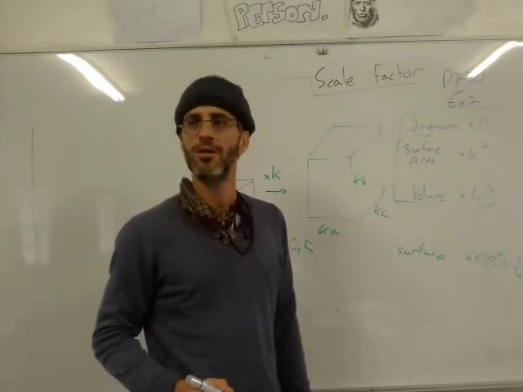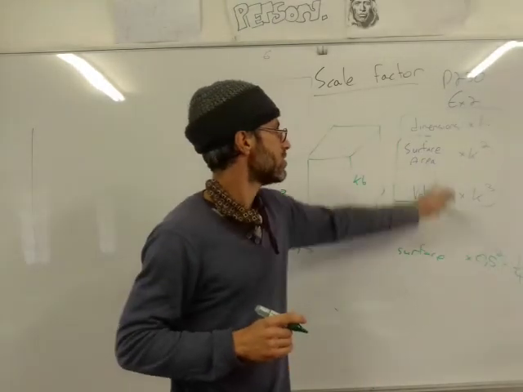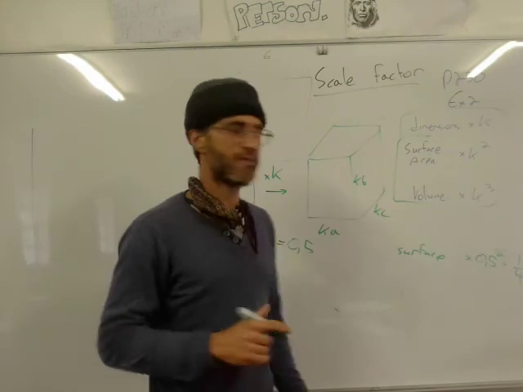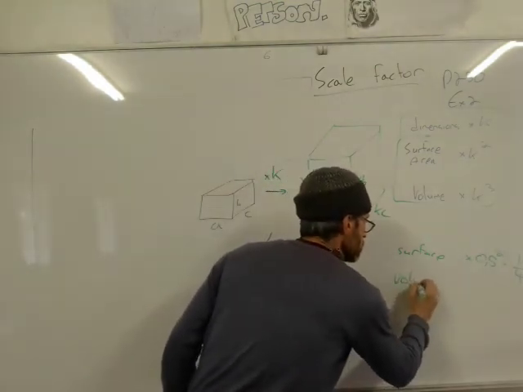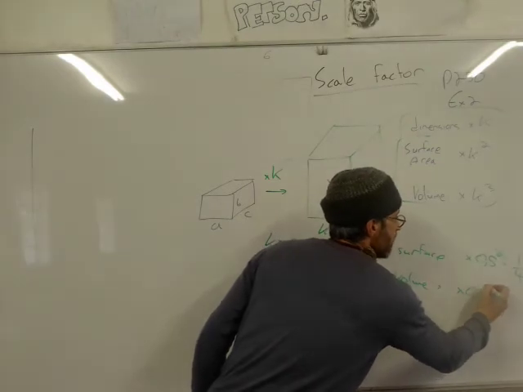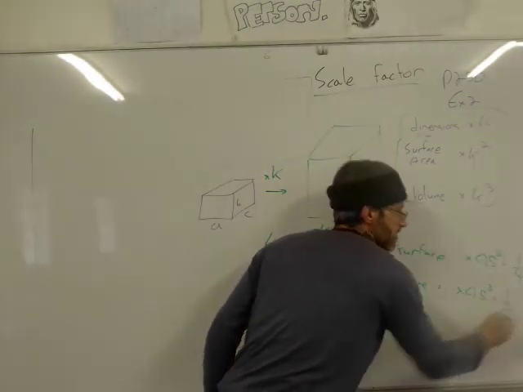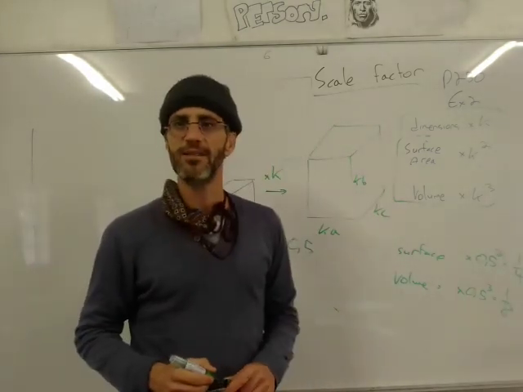Then divide by 4, exactly. So if you halve all the dimensions, the new surface area will be divided by 4. The new volume will be timesed by 0.5 to the power 3, which is 1 over 8. So in other words, we divide it by 8.